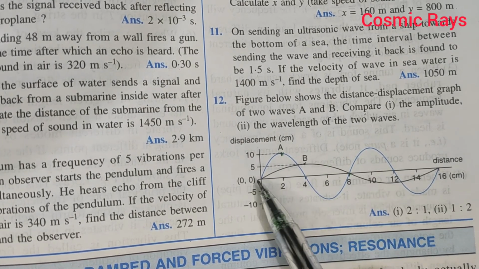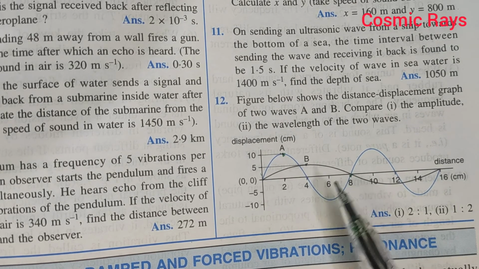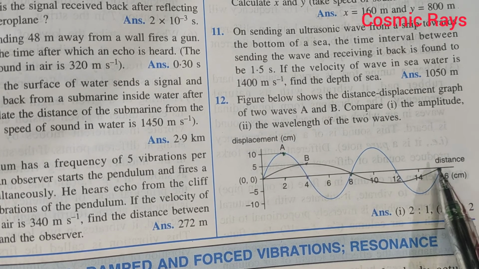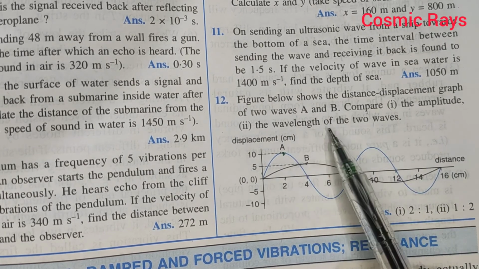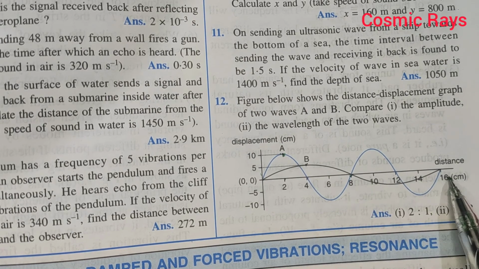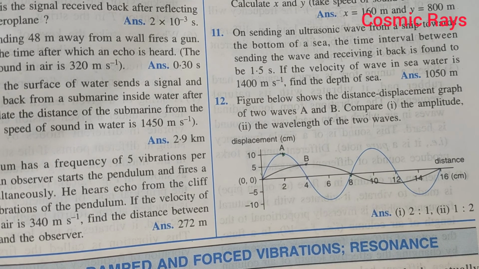So wavelength is from 0 to 8 for the blue wave, and for the black wave it is 0 to 16. So when we compare the wavelength of the two, we have 8 is to 16, which is nothing but 1 is to 2. That is the answer. This question can be done orally, so I have not written anything.